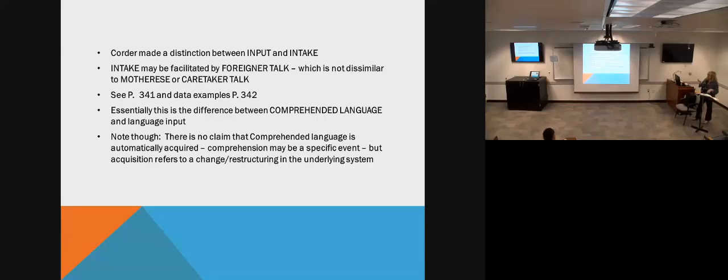Although later on he notices, and it's true, there's no claim that comprehended language is automatically acquired, because these incidents, just as you've seen here, are individual events. We can't assume that it's actually acquired and is restructuring the system like we talked about last week. But the idea is that if you have enough comprehended input with enough of this kind of help, it will restructure the system.